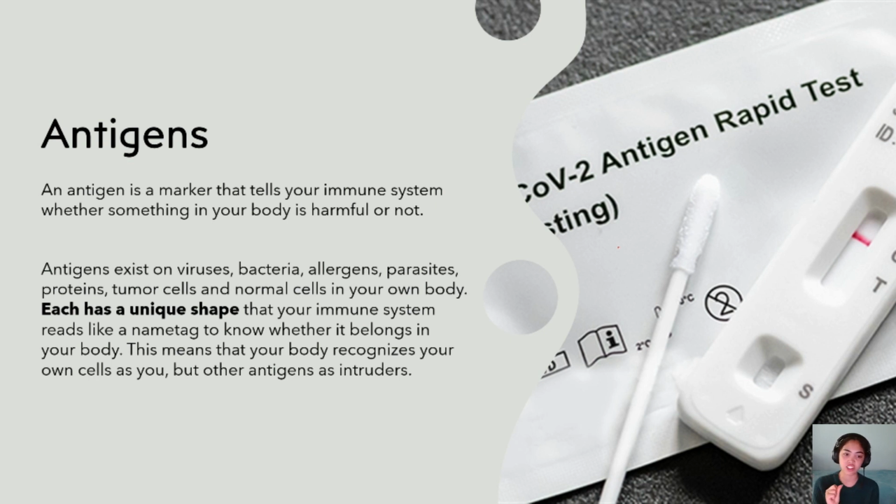Antigens exist on things such as viruses, bacteria, allergens, parasite proteins, tumor cells, normal cells, and even toxins and chemicals. All of that has antigens that can be recognized by the immune system. Each has a unique shape that your immune system reads like a name tag so they know whether it belongs to your body. This means that your body recognizes your own cells as you, but other antigens as intruders.